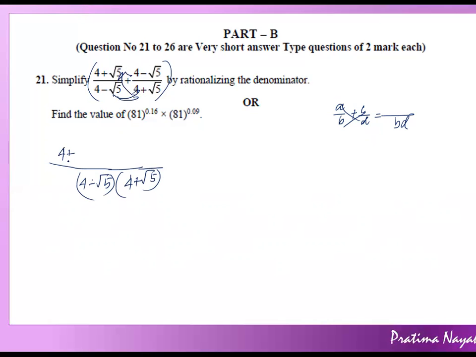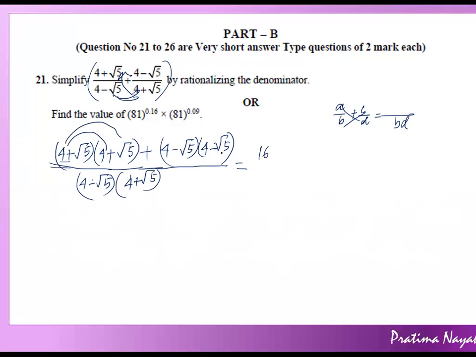So the first term will be 4 plus root 5 multiplied by 4 plus root 5. In between that is a positive sign. Next is 4 minus root 5 multiplied by 4 minus root 5. So individually I am not rationalizing. Now if you multiply, you will get 4 into 4, 16.